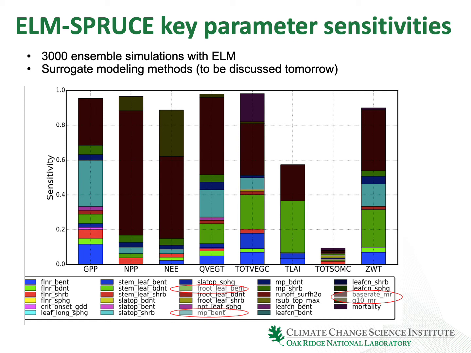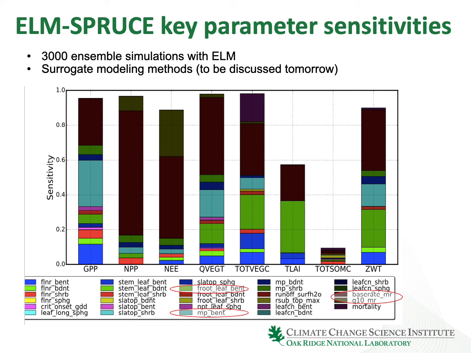And closer to the top there, we see kind of across the board this particular parameter, the base rate_MR, that controls the maintenance respiration, which is a key component of autotrophic respiration for the site. And so that parameter tends to be quite important, and we can see with the next variable here, net primary productivity, since that includes the influences of autotrophic respiration, has a much stronger influence on that variable.